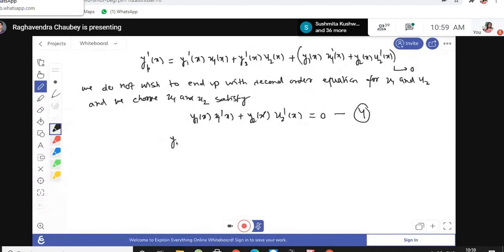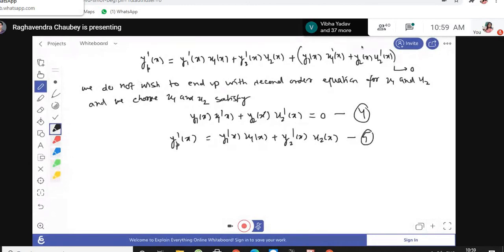So if this part is 0, then yp'(x) equals y1(x) u1(x) plus y2'(x) u2(x). Okay, so this is equation number 5.